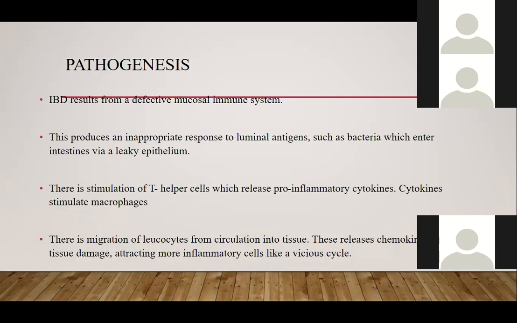When you have, let's say, an exaggerated inflammatory response, you would rather have a negative effect on the system. And that is what happens in inflammatory bowel disease. Because we are having an inappropriate response to antigens from foreign substances, like the bacteria, your body is pushed into a certain mode where you end up producing too many inflammatory cells.